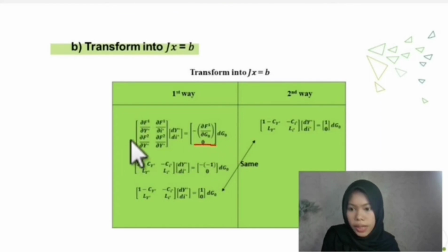And then after that, we put all that we want to find, which is 1 minus cy star, minus ci star, ly star, and li star.